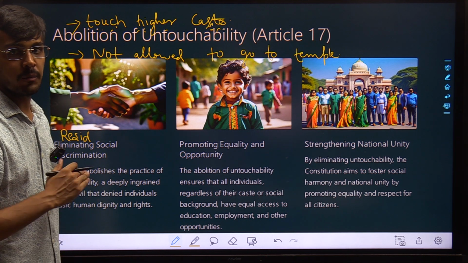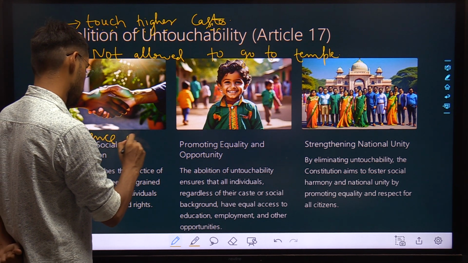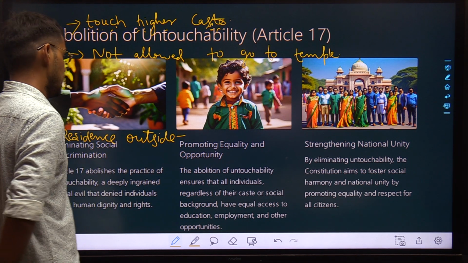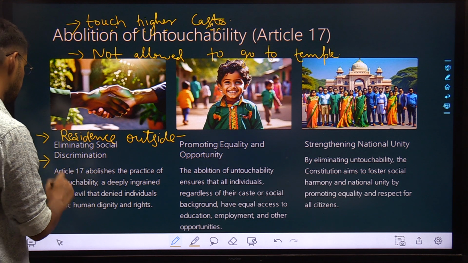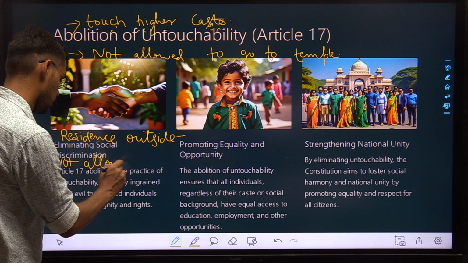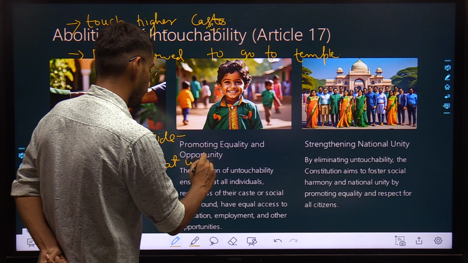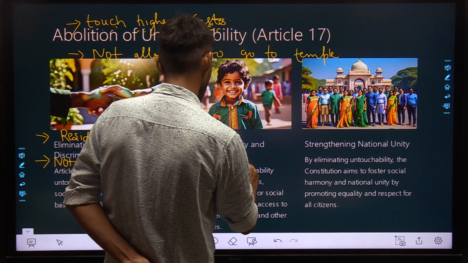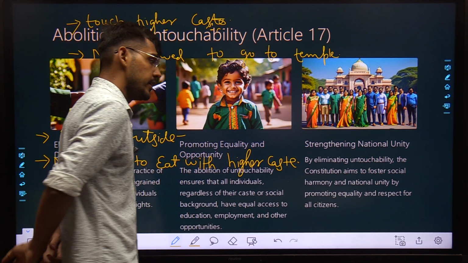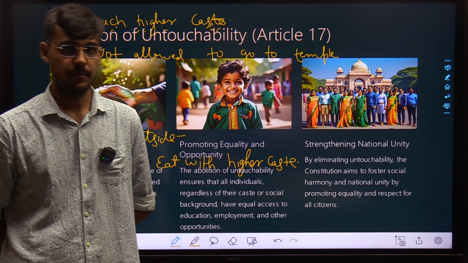They were segregated from the village. They were not allowed to eat with the people of the so-called higher caste. So these were the historical injustices that were done to them.